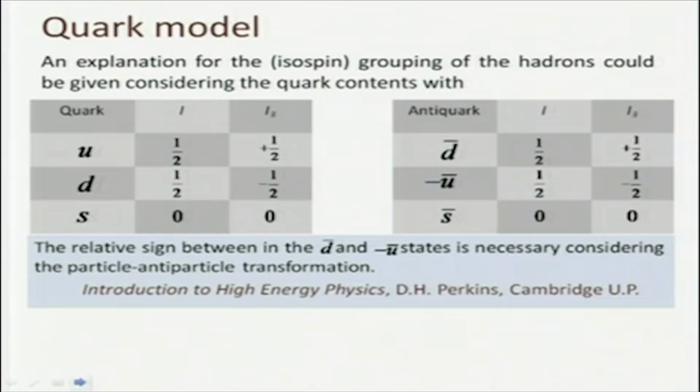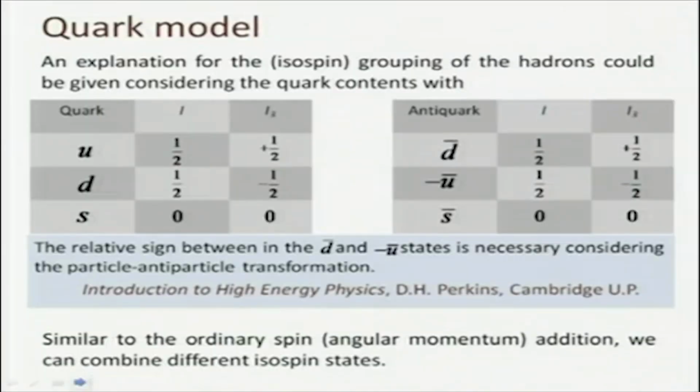Some explanation and elaboration on this is given in Introduction to High Energy Physics by Donald H. Perkins. You could also consult other books discussing the quark model to understand the technical details of how this minus sign comes about. We will not discuss this aspect any further.